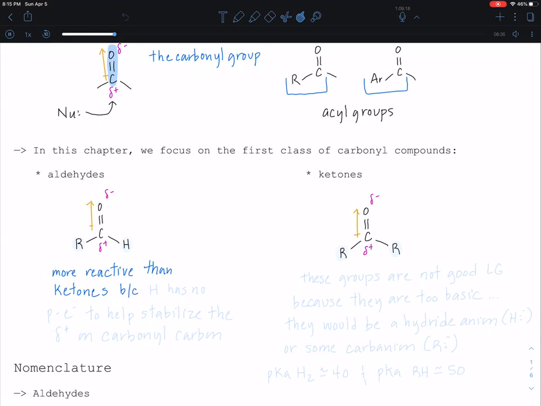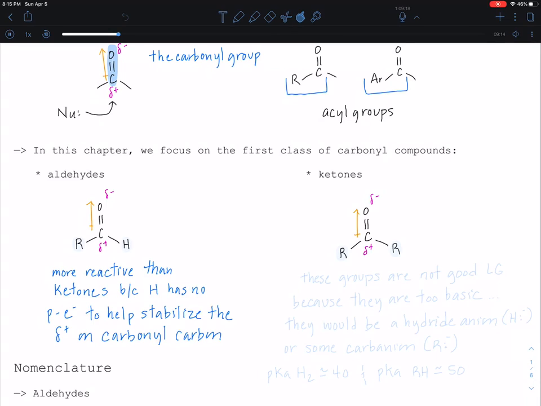Because the hydrogen has no p electrons to help stabilize the partial positive charge on the carbonyl carbon. So that makes that particular carbon just a little bit more reactive.